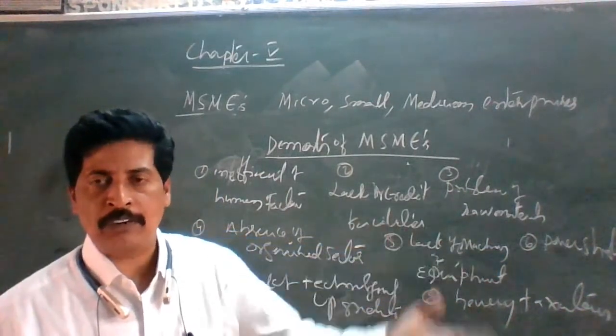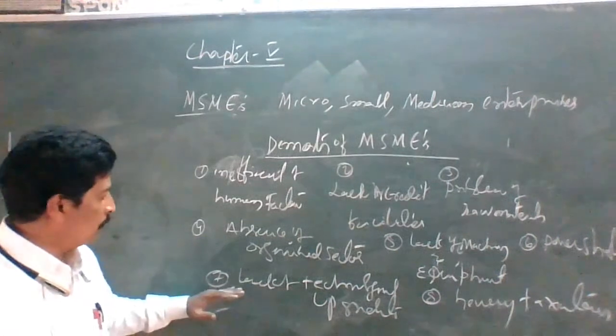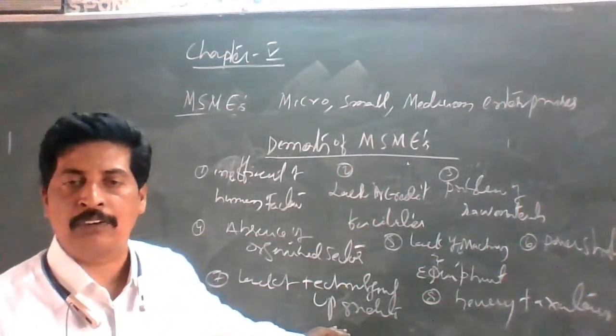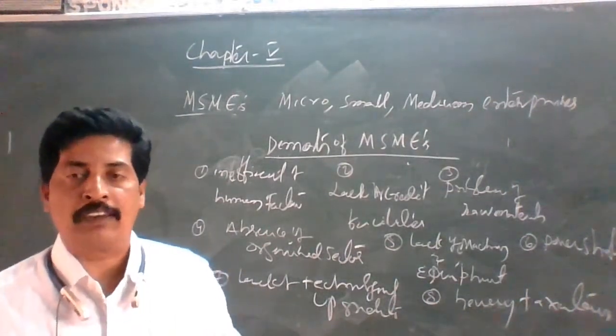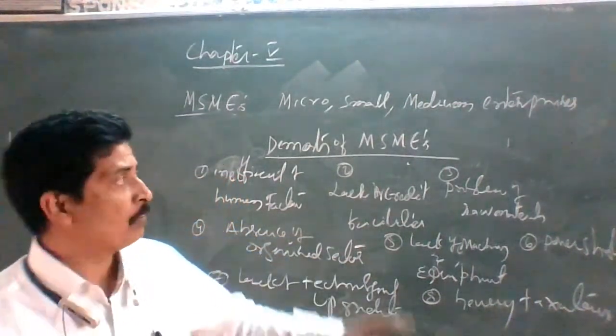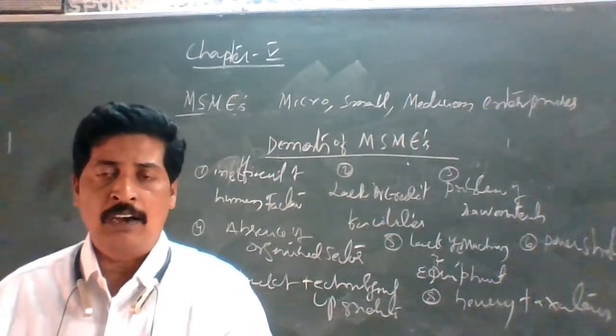Many times power cuts affect the production. And lack of technological upgradation. They are not giving competition equal to large scale industries. So then heavy taxation. So these are the important things which we have studied in MSME.